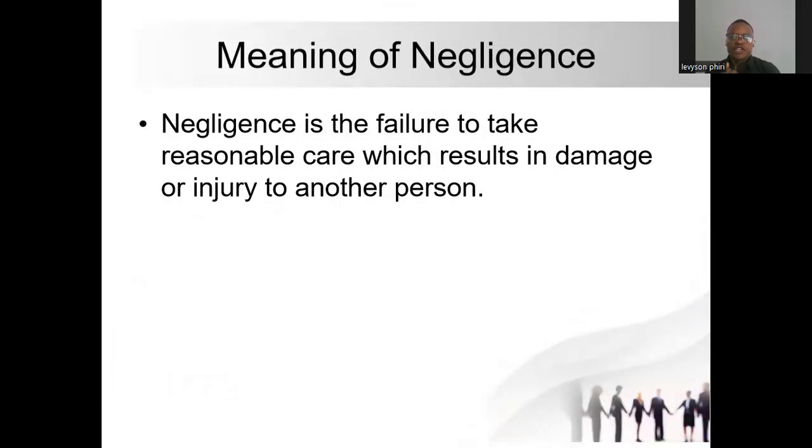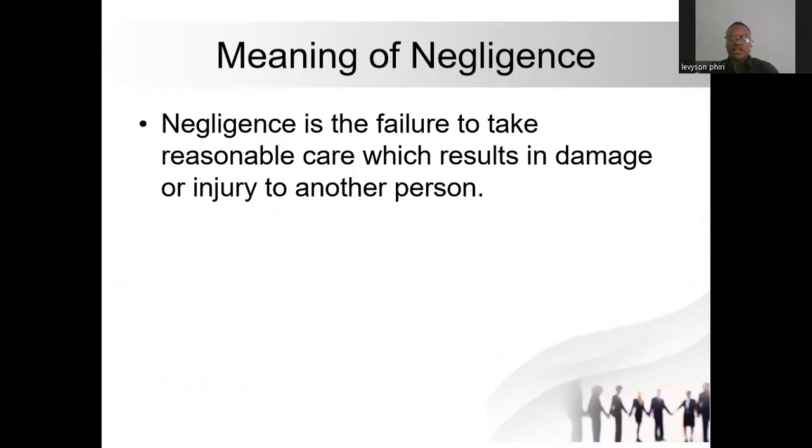So the meaning of negligence. What do we understand by this term negligence? Negligence is the failure to take reasonable care which results in damage or injury to another person. So that's negligence.